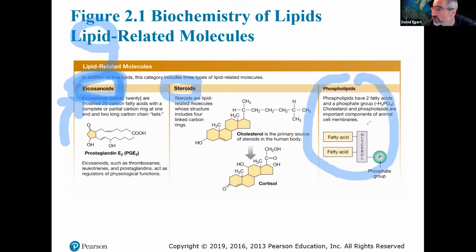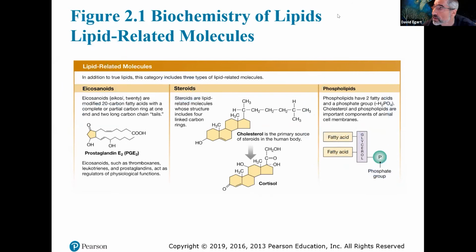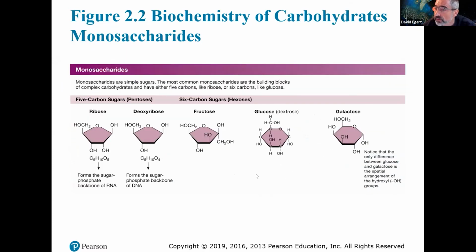Phospholipids, like I mentioned, have the two fatty acids on the glycerol, but then that polar phosphorus-containing group there, which is going to be critical to their amphipathic properties. And here we have monosaccharides, we're in the carbohydrates, simple sugars.